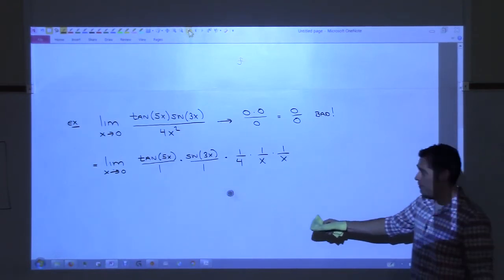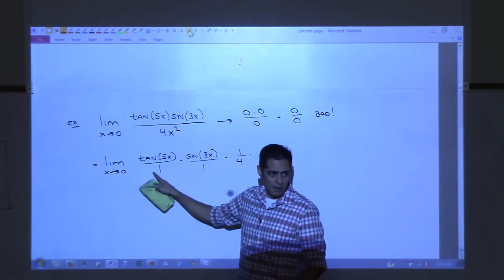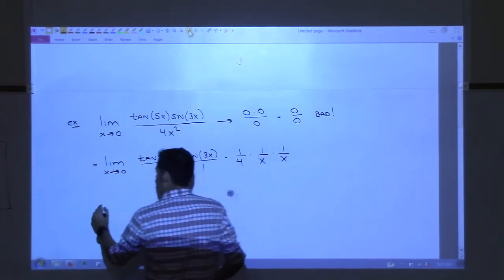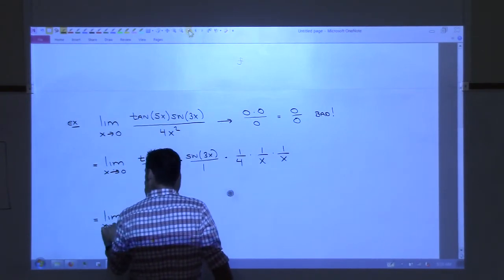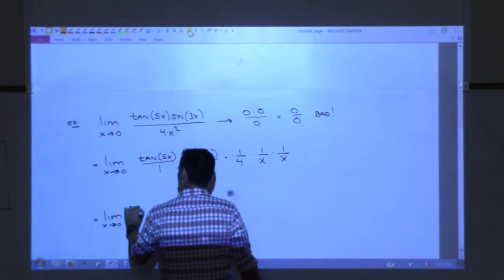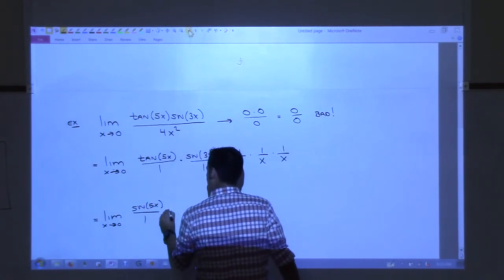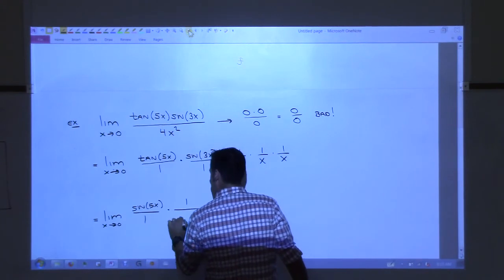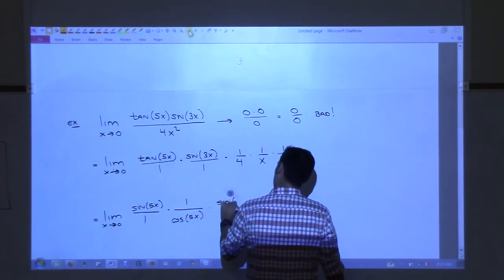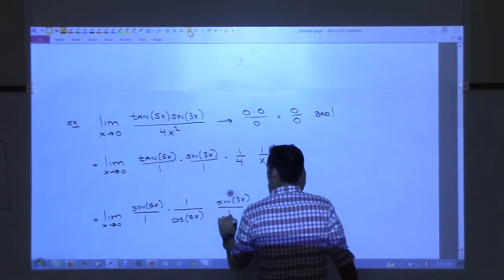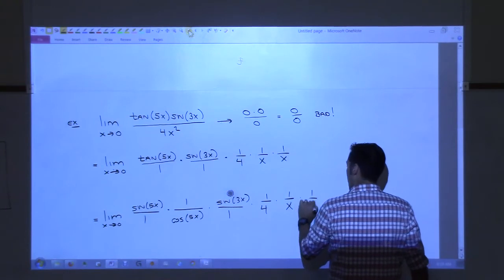I'm going to go one step further, and remember that tangent is sine over cosine. So I'm going to rewrite this: limit x approaches 0 of sine of 5x over 1 times 1 over cosine of 5x times sine 3x over 1 times 1/4 times 1 over x times 1 over x.